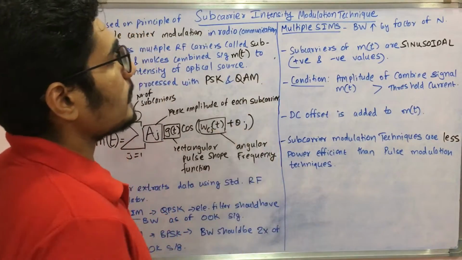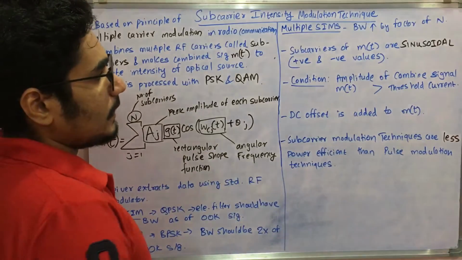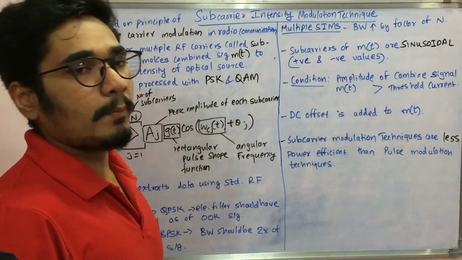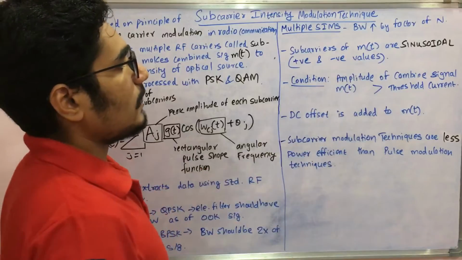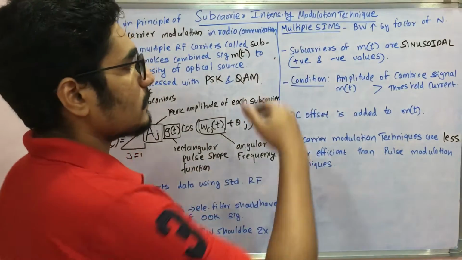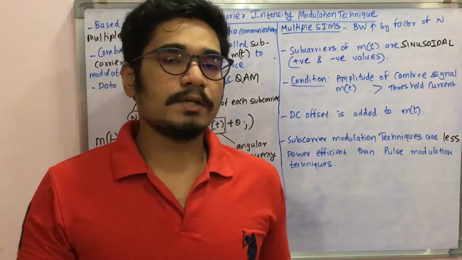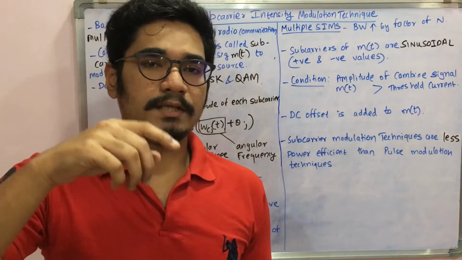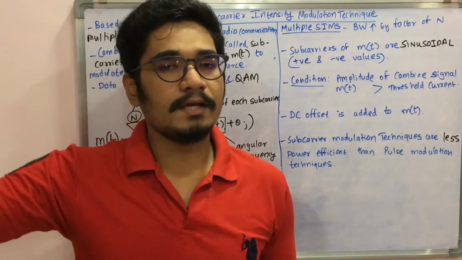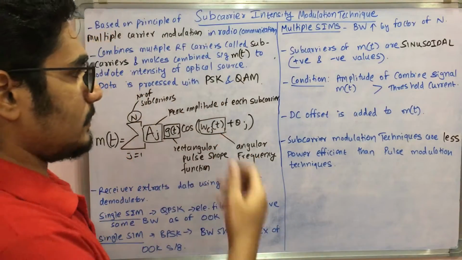Next, the subcarriers in this intensity modulation technique, or the signals of this combined RF signal, are sinusoidal, meaning they have both positive and negative values. On a number line you get a positive cycle, then a negative cycle, then positive and negative, and it repeats.